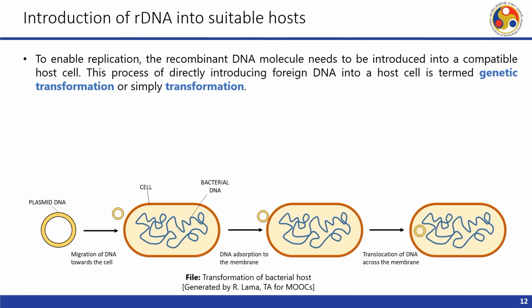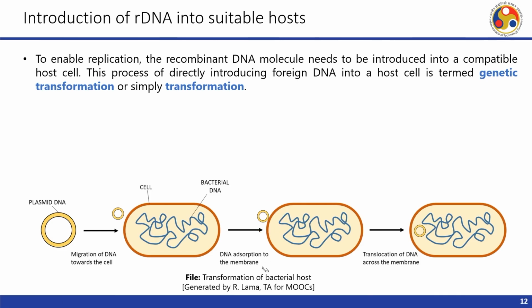This process of directly introducing foreign DNA into a host cell is termed genetic transformation, or simply transformation. So, this is the plasmid DNA, and there is a loaded DNA over here. Then this plasmid will migrate towards the cell, and the DNA will adsorb to the membrane here, as you can see, and then it will enter by the process of translocation across the membrane.